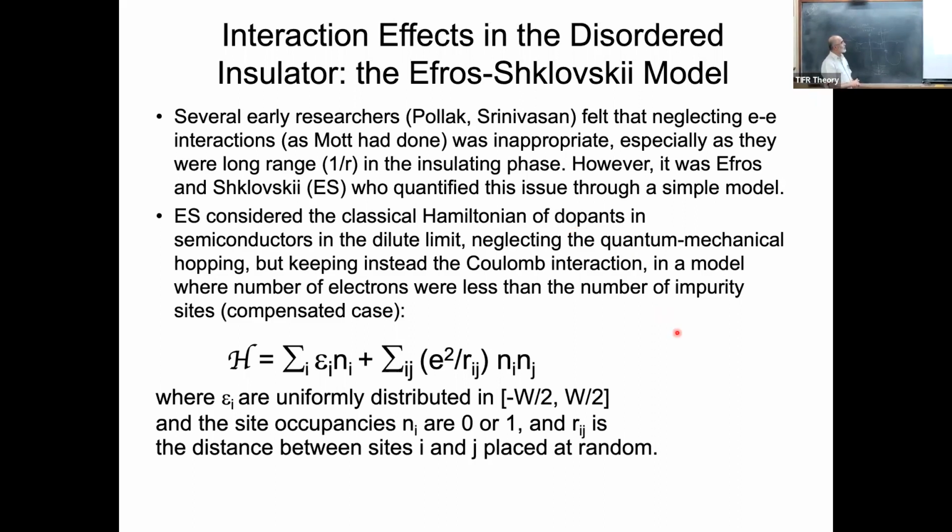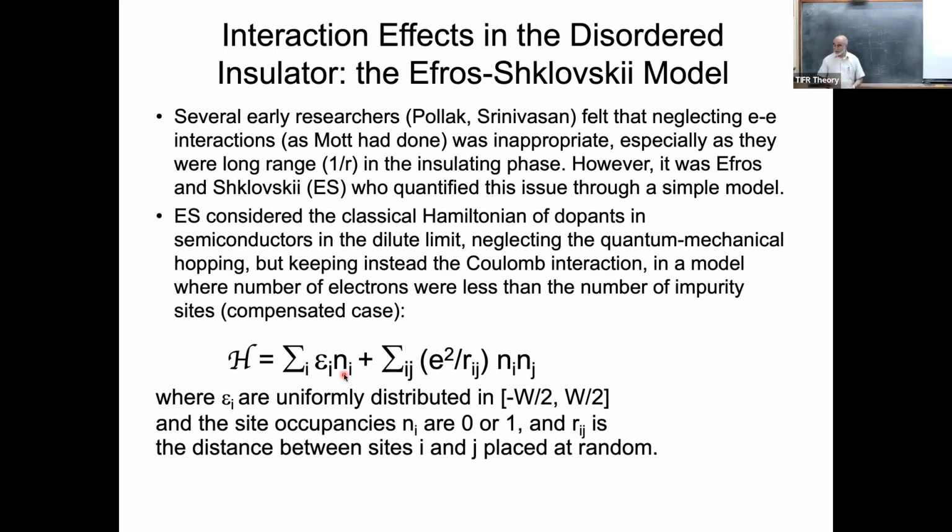And what they said was, let's just take a classical Hamiltonian. Let's forget about quantum mechanics. Just imagine we have a bunch of sites, and let's say there are some number of electrons. The sites have random energy, so here's the random energy, and the occupation of each site is either 0 or 1. So let's assume that it's less than 1 electron per site.